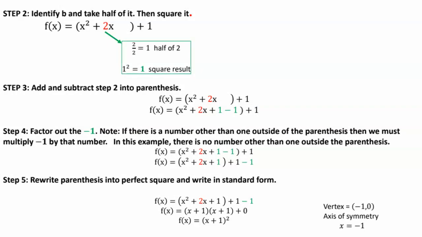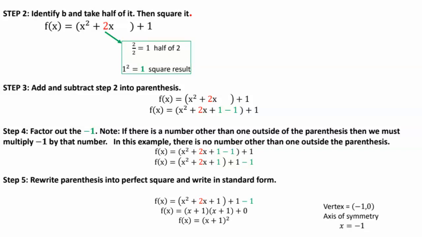Remember thinking about solving for the x-intercept. If I have to solve for that x-intercept, I have to move that 1 to the other side, so I have to subtract 1 on both sides. So when you're looking at this in standard form, you have to make sure that you're doing the opposite value. So it says plus 1, but our vertex is located at negative 1.